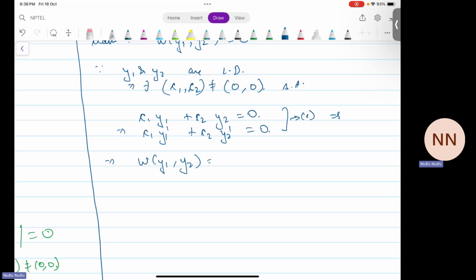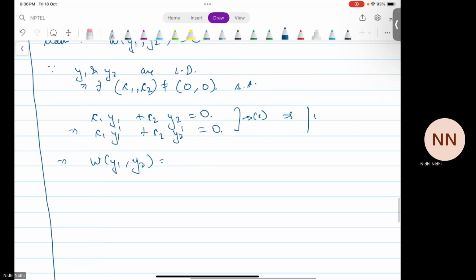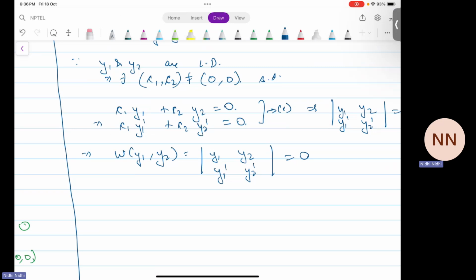So this implies the determinant of y1, y2, y1 dash, y2 dash is 0. This gives us the Wronskian is 0 for every x. Therefore, our Wronskian is 0.